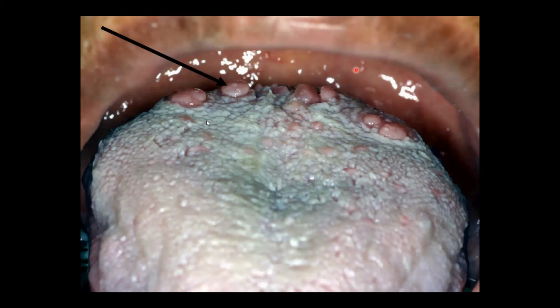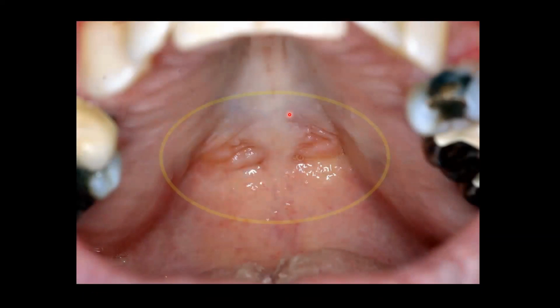Normal. Yeah, those are normal circumvallates. What about this at the junction, hard and soft palate? Remember the snake bites, the foveae palatinae, the two little pinholes? That's a normal for them. That's a weird variation that you can see.